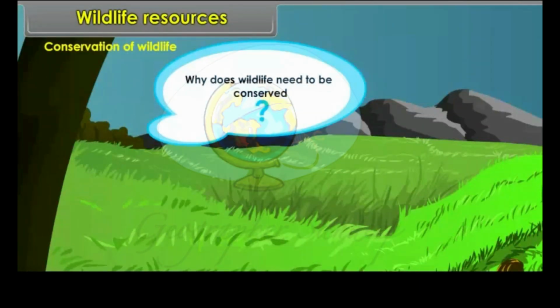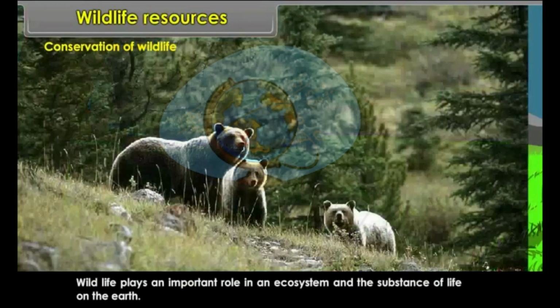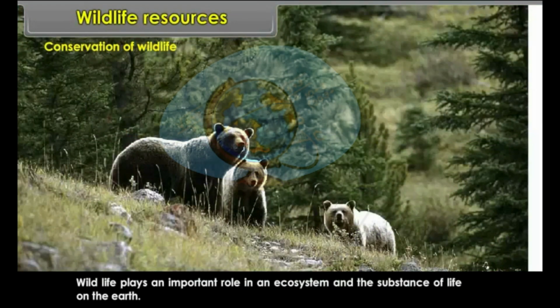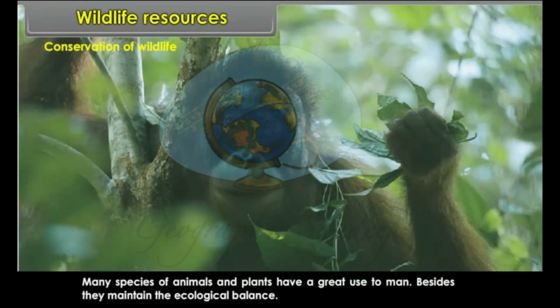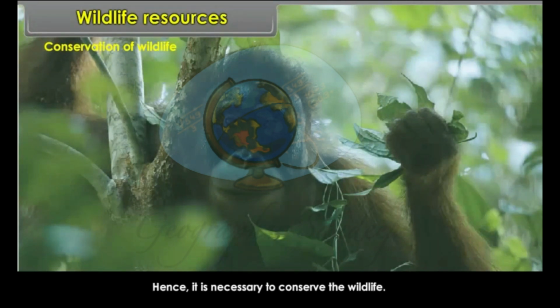Why does wildlife need to be conserved? Wildlife plays an important role in an ecosystem and the substance of life on the earth. Many species of animals and plants have great use to man. Besides, they maintain the ecological balance. Hence, it is necessary to conserve the wildlife.